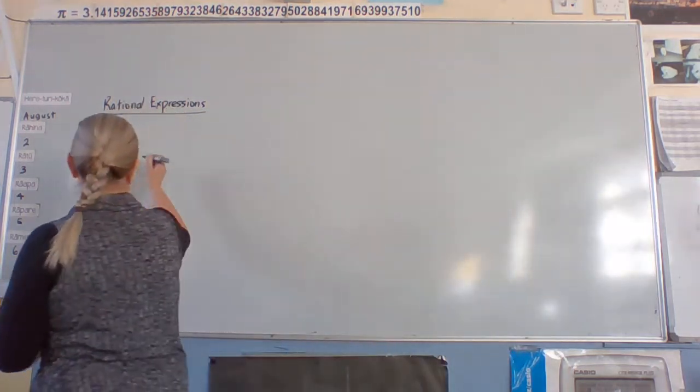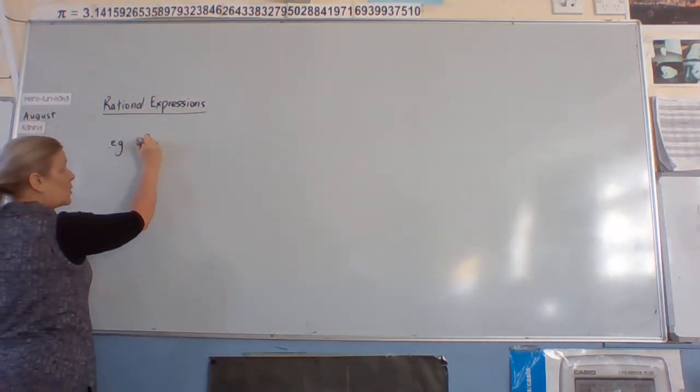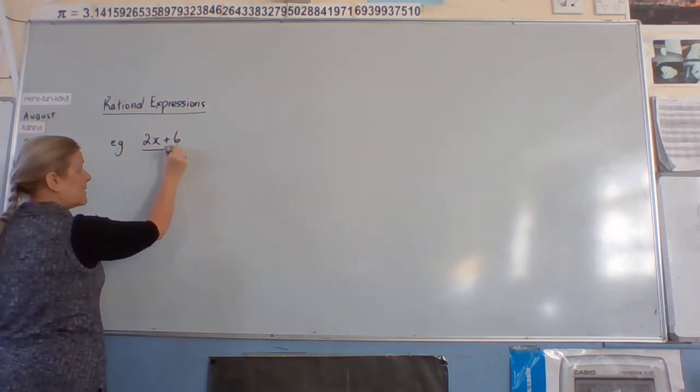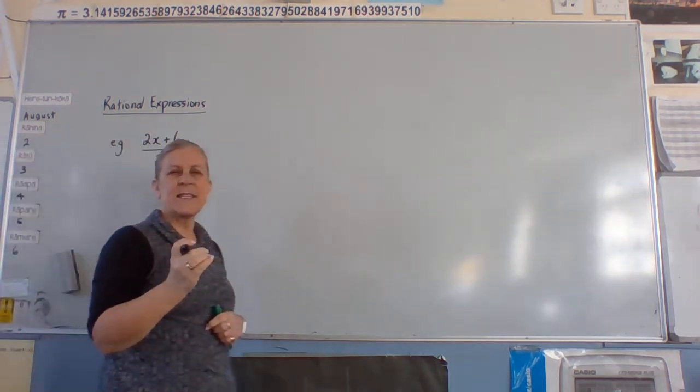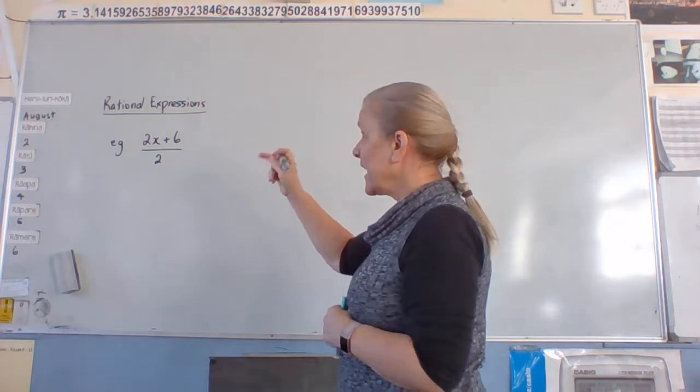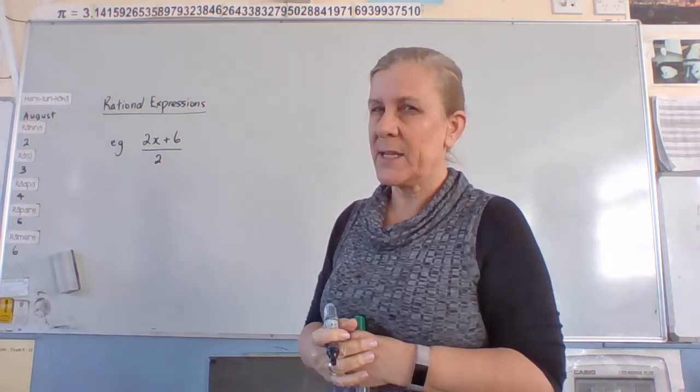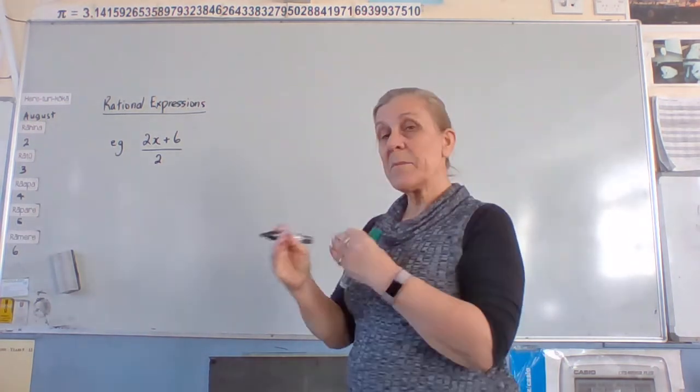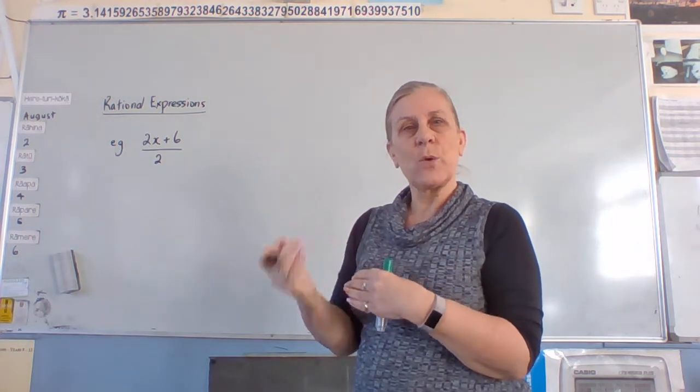So let's have a look at one. If we've got this, there's a temptation here to just cancel out the 2's, which actually works in this particular case, but it doesn't always. So we need to make sure that what we're doing is showing our knowledge.